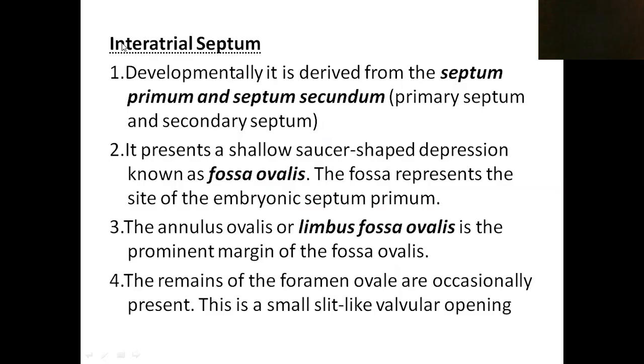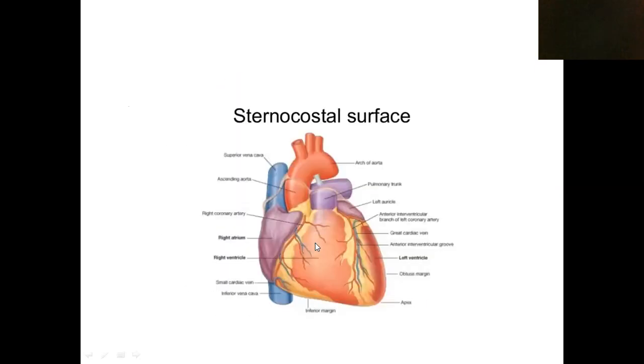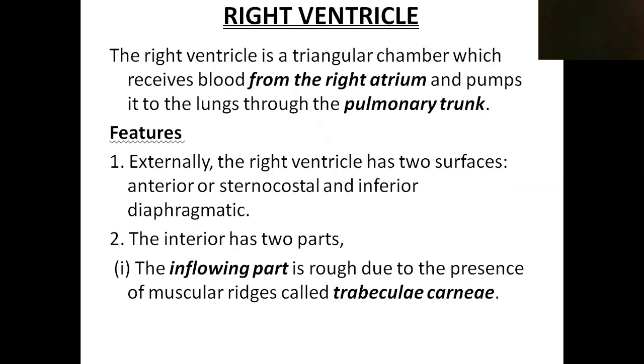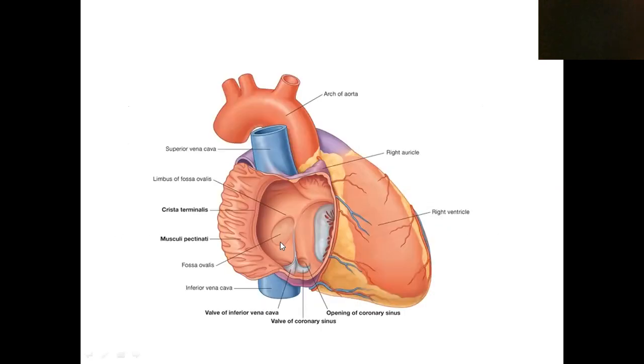Now the interatrial septum, the third one. There we can see one oval shaped depression. In this image we have the anterior wall and the interatrial septum; we don't have the posterior wall. Here we can see an oval shaped fossa, or depression, known as the fossa ovalis. Oval shaped, so ovalis; fossa means depression.